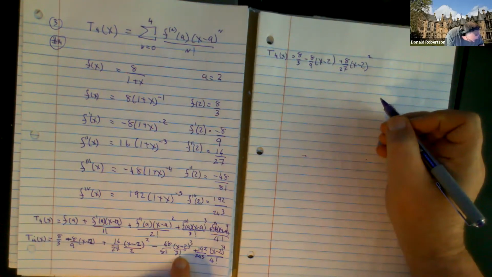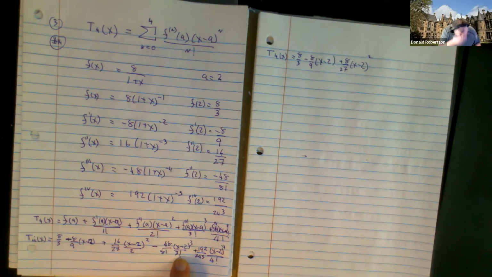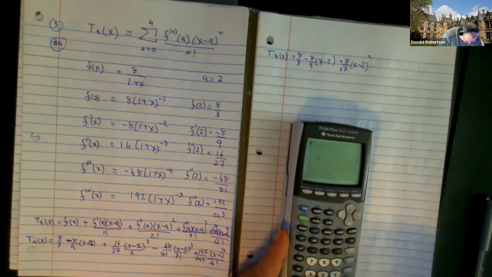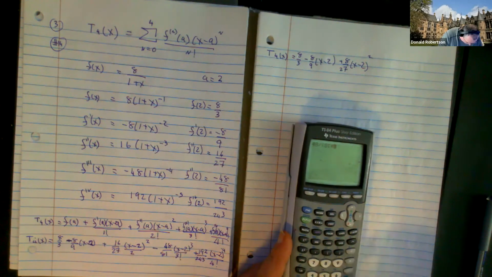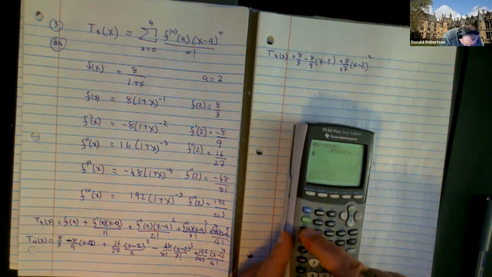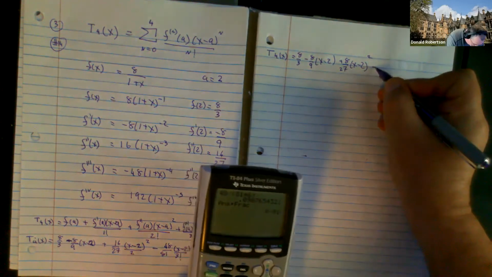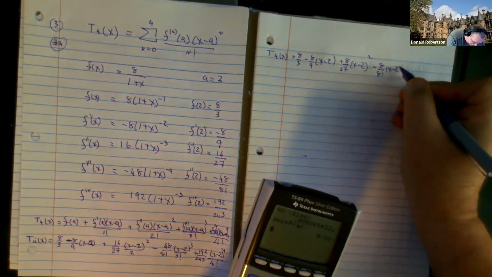This guy, that's 6 and 48, that's a lot of things. I'm not going to try that. I have 48 on the top, and it's going to be divided by 81 times 3 factorial, which is 6. And then I'm going to make the answer a fraction. So it's 8 over 81. Let's just let the calculator take the strain.